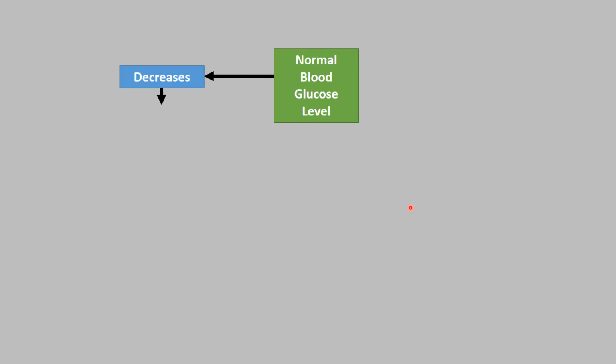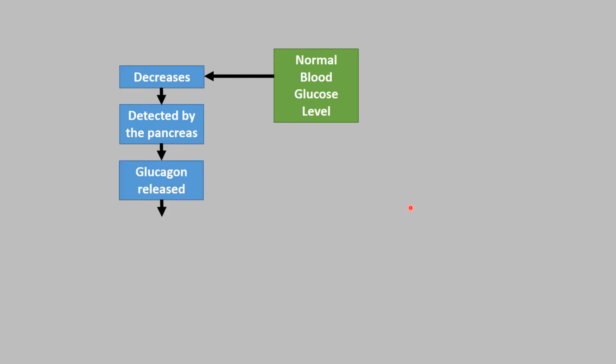Contrary to this, if the blood glucose level drops below normal, maybe you've been for a run, maybe you've not eaten in a while and you're a bit hungry, then again the pancreas will detect this, and that leads the pancreas to release the hormone glucagon. We've got to be careful with the spelling of this.